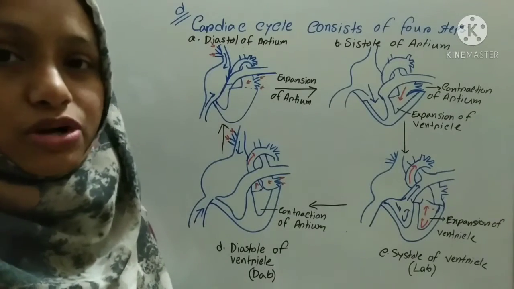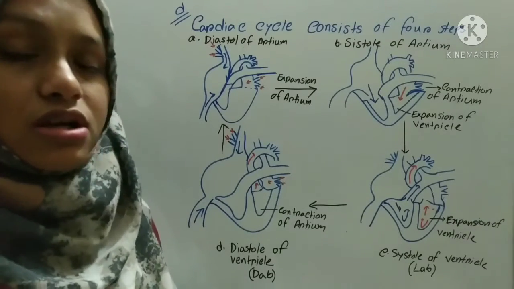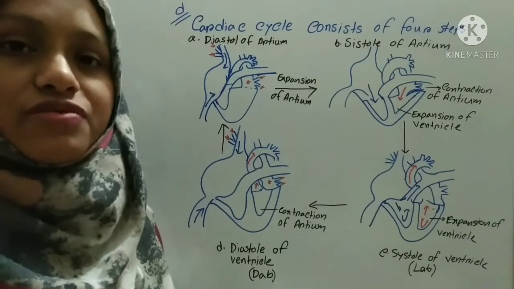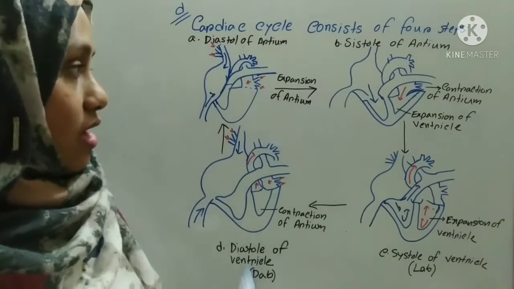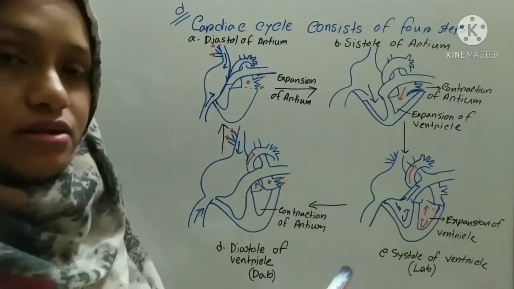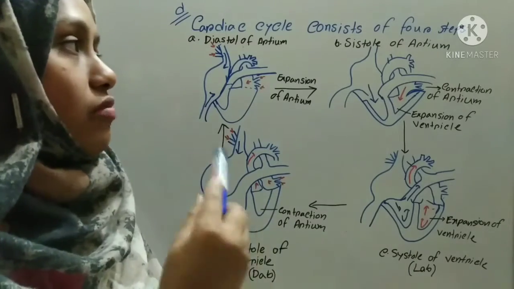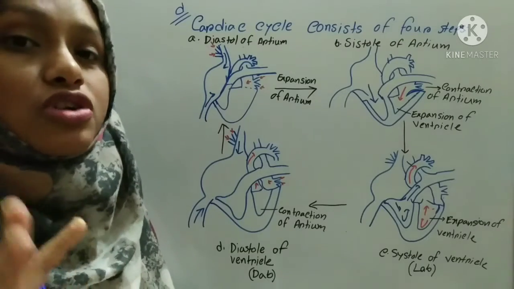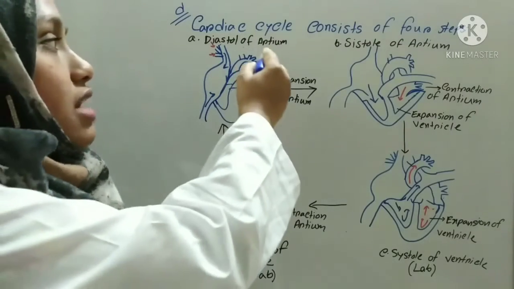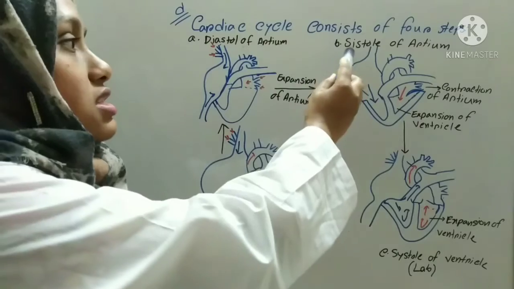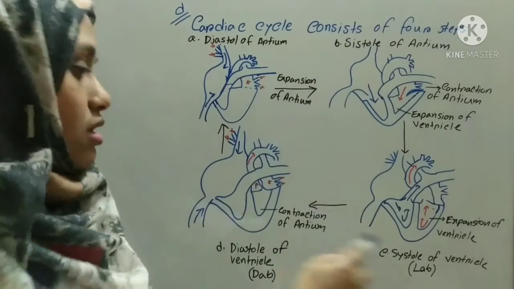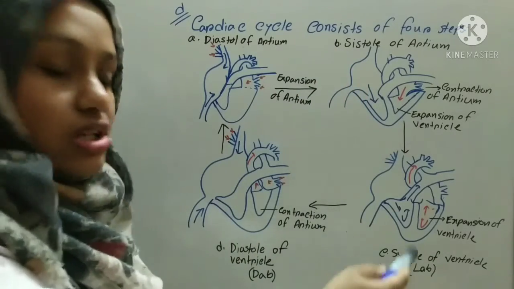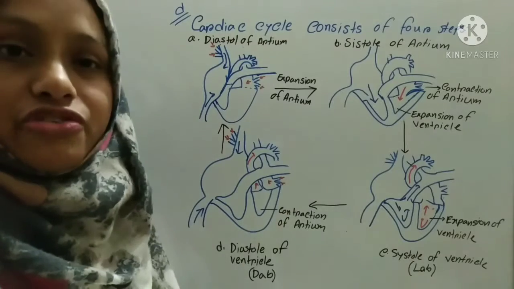Now the D number question, that the heart continues its function through a cycle. Here I draw the cycle. This is the cycle by which the heart circulates the blood. Here are 4 phases: diastole of atrium, systole of atrium, then systole of ventricle, then diastole of ventricle.